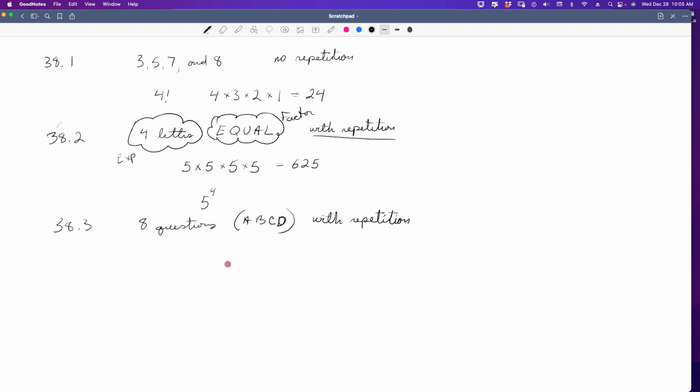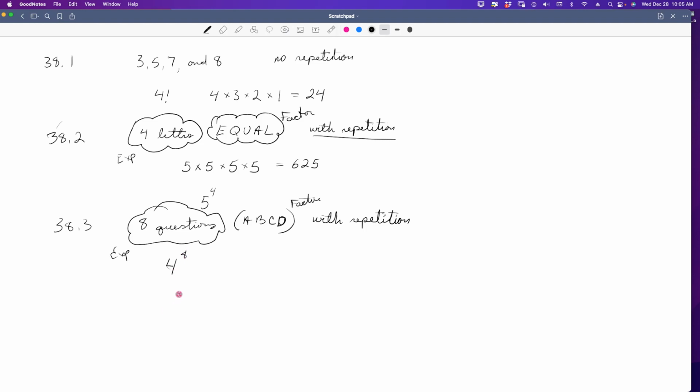This one is with. Now we have 8 questions, 4 choices. That means 4 is the number of members in the set. That's our factor. And the number of positions that we have available is our exponent. So this is going to be 4 to the 8th power.